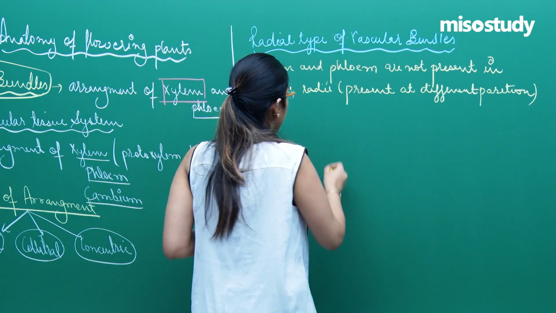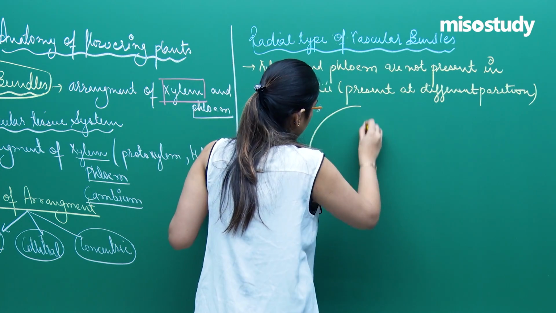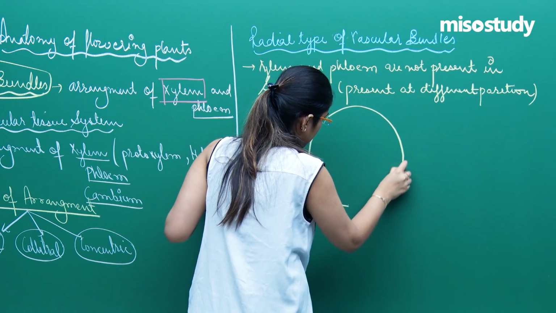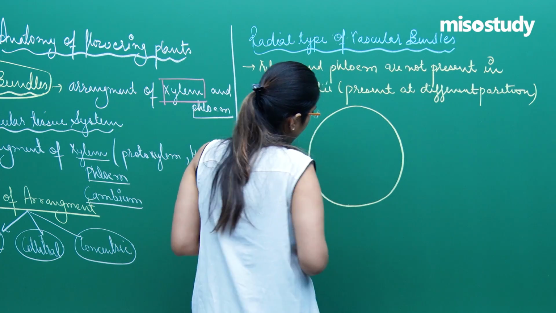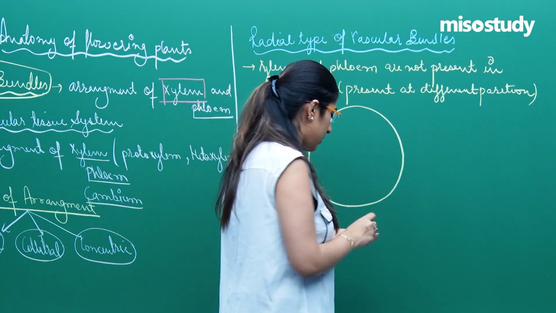Now, what exactly does this radial type of vascular bundle look like? Suppose this is a diagram of a vascular bundle. We know that the xylem and the phloem are present.